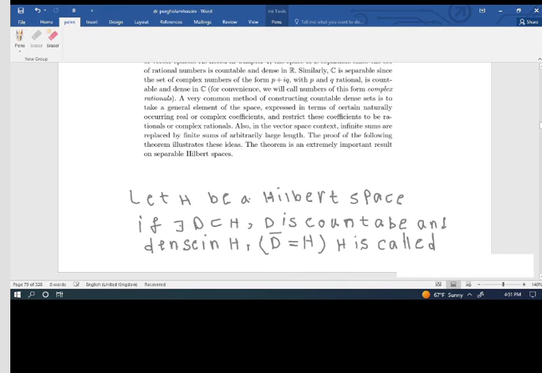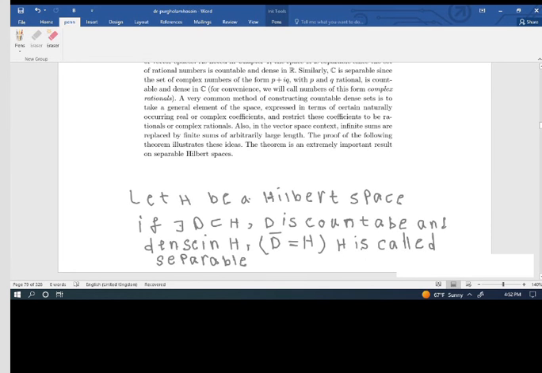Here a very common method of constructing countable dense sets is to take general elements of a space. So it's called separable.